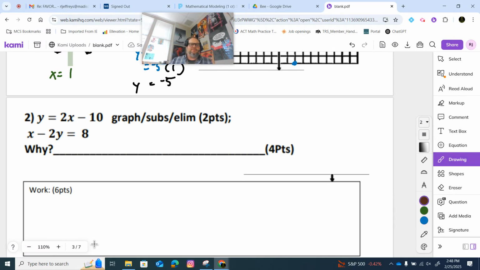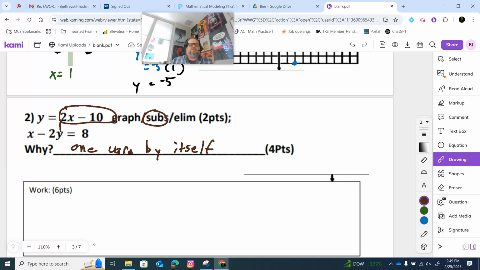All right. Number two. Me personally, substitution, one variable by itself. And this is shorthand, var, one var. All right.